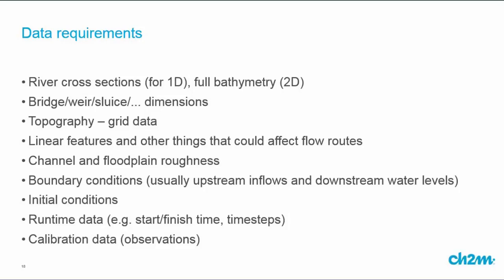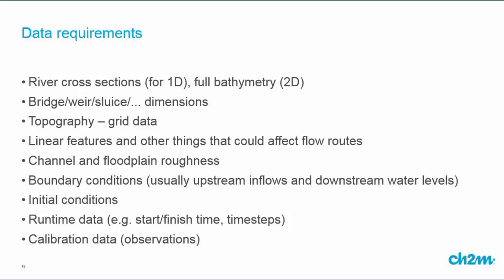For the floodplain, generally now both 1D extended flood cells and 2D modelling on the floodplain is driven by gridded data, be it LiDAR or other lower resolution gridded data. For linear features, which could be raised roads or embankments, railway lines going through and that sort of thing, you need to capture those separately if they may not be identified well enough in the gridded data.